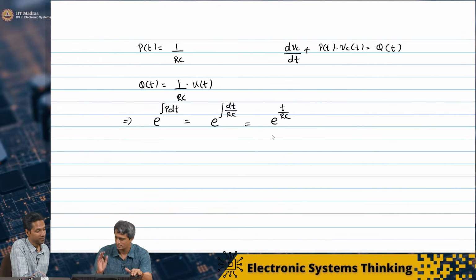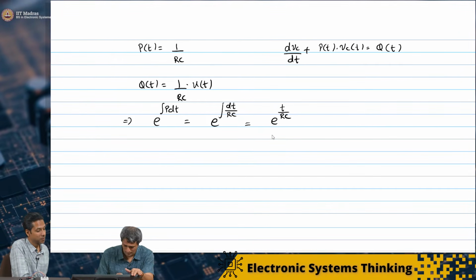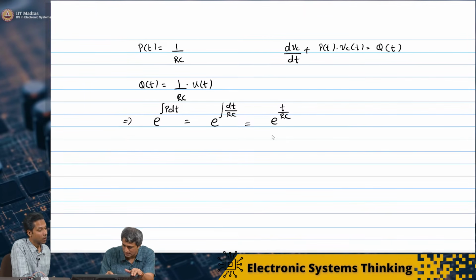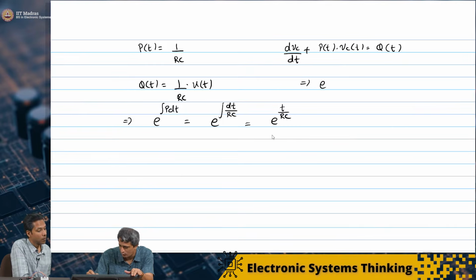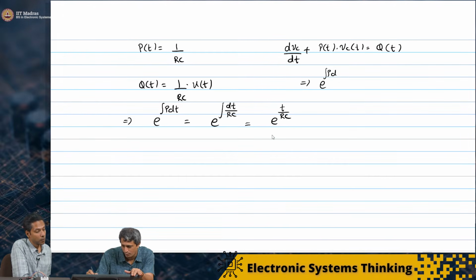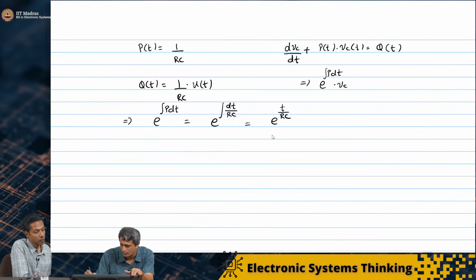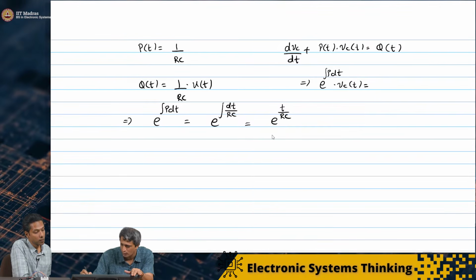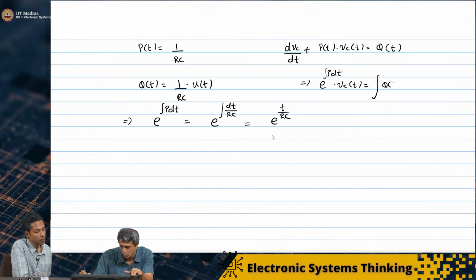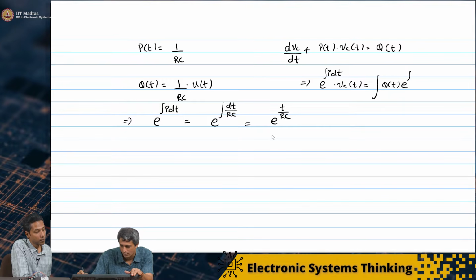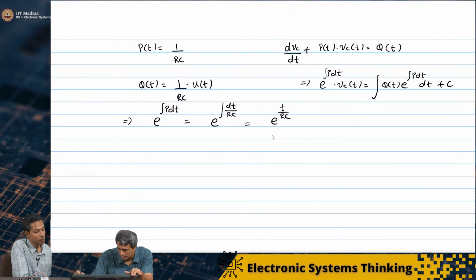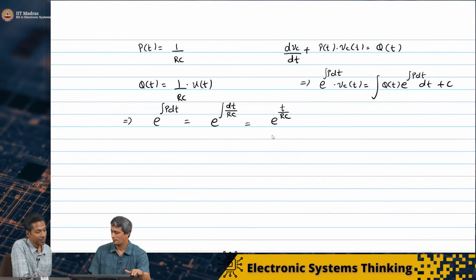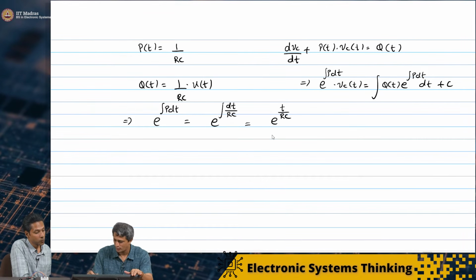This is just one term. The solution, let us write that down: e power integral p dt into Vc of t equals integral q of t e power integral p dt dt plus c. So this was straightforward.